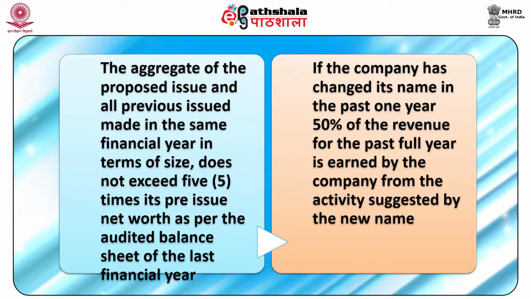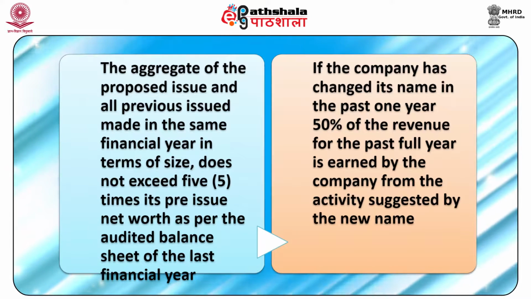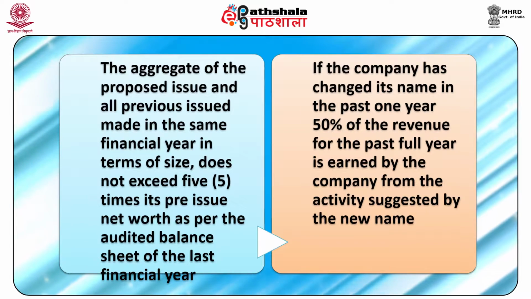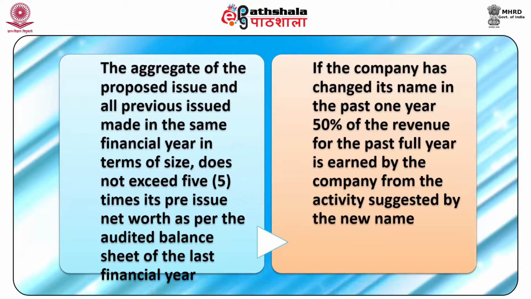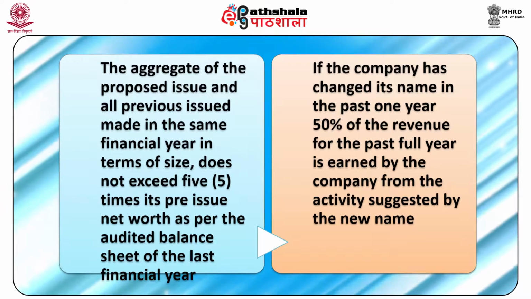The last point: if the company has changed its name in the past 1 year, 50% of the revenue for the past full year is earned by the company from the activity suggested by the new name.